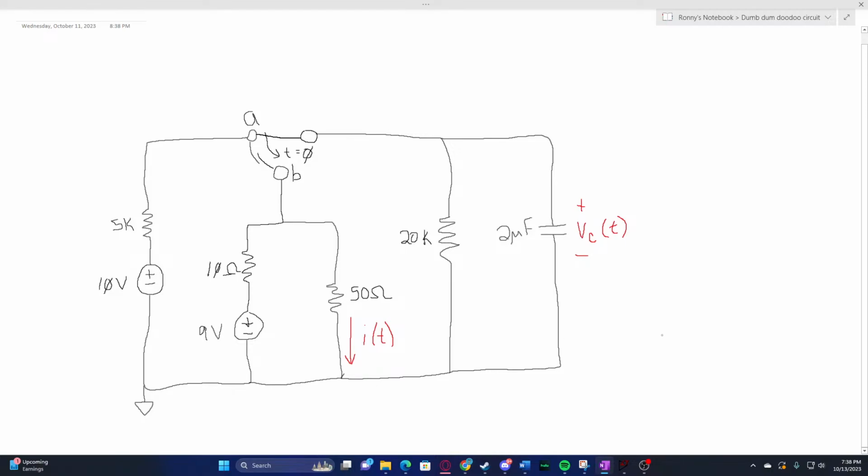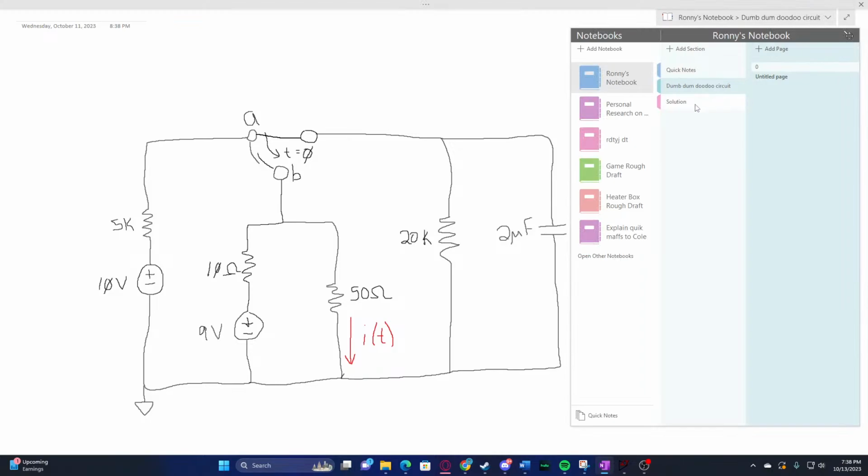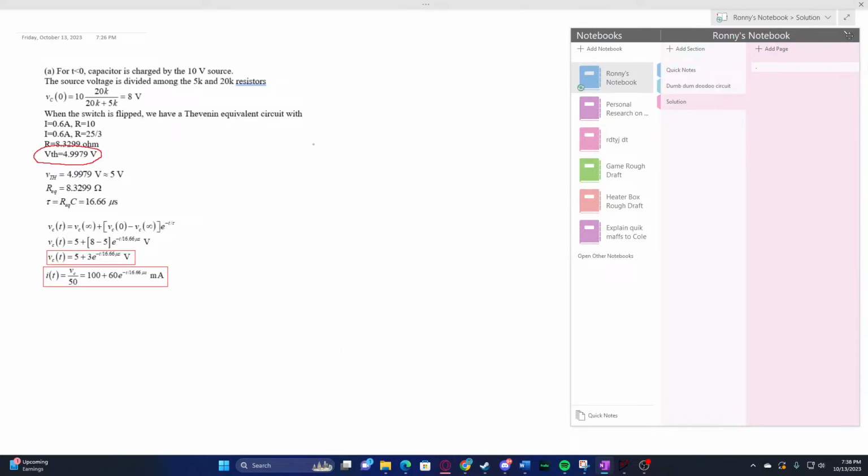But I want to understand this circuit. The thing I want to personally understand is how in the heck they got their answer. The answer in question is this solution right over here.